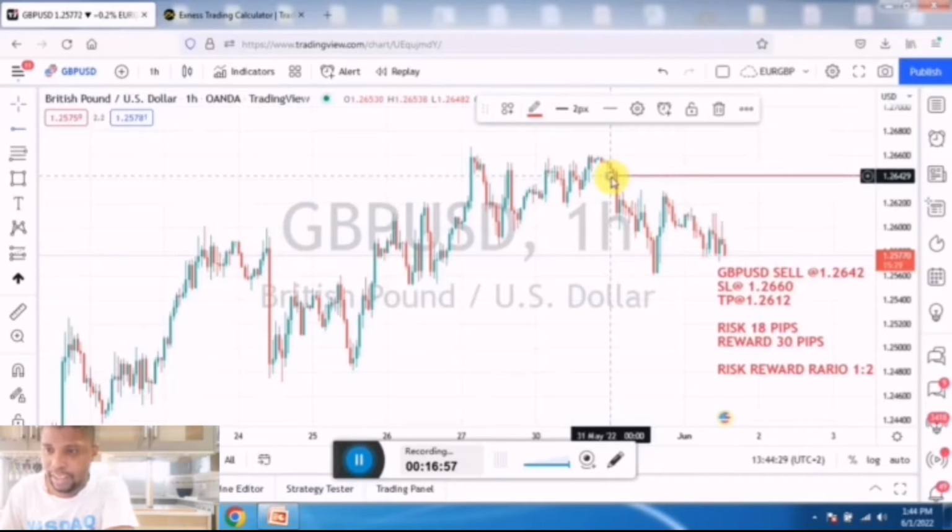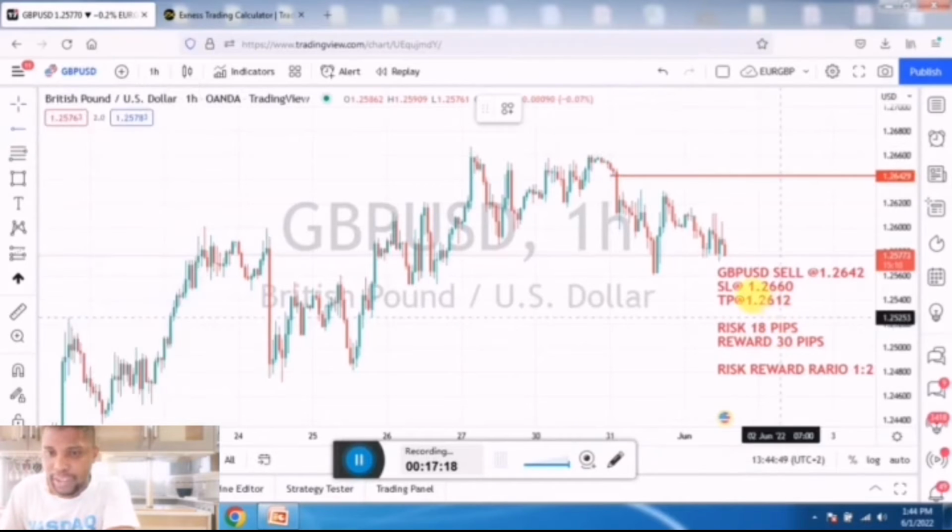So you want to sell at this 1.2642 level. Remember guys, we said we are not counting the last digits now. We're only going to deal with the 4 digits after the comma.